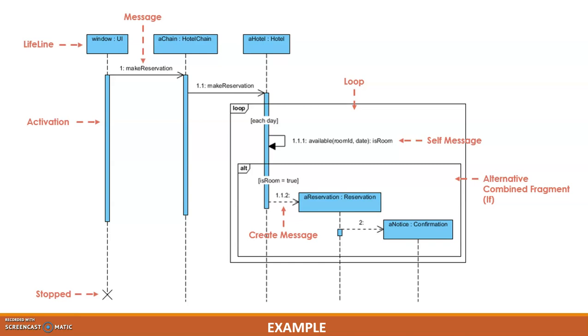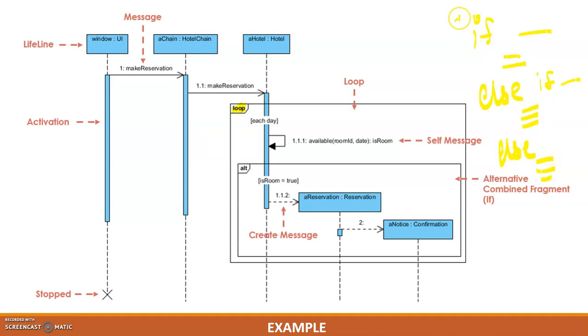If you see in this diagram, there is a rectangle. This is the loop, something which I want to repeat, that we call the loop. If I have multiple options, like there is a condition: if this is true, then do this, else if this condition, then do this, else do this.